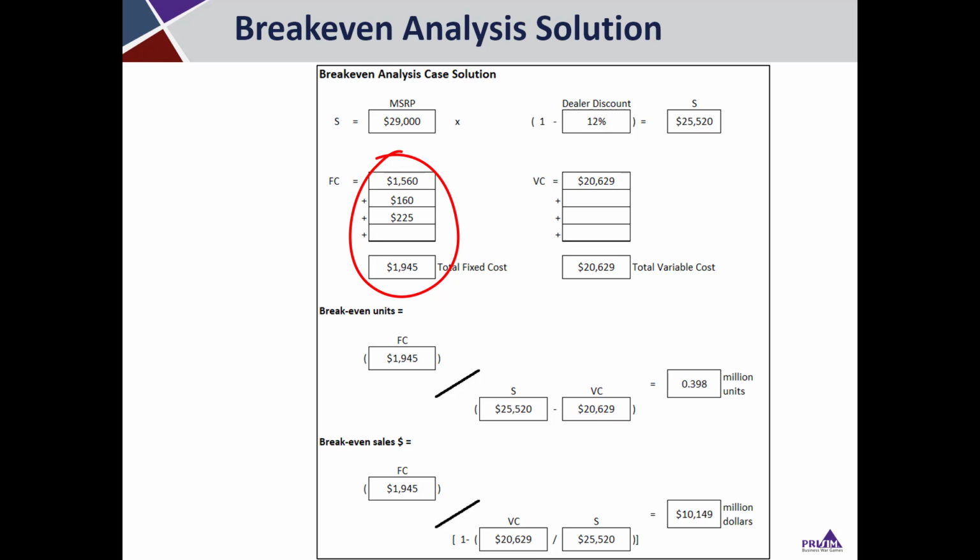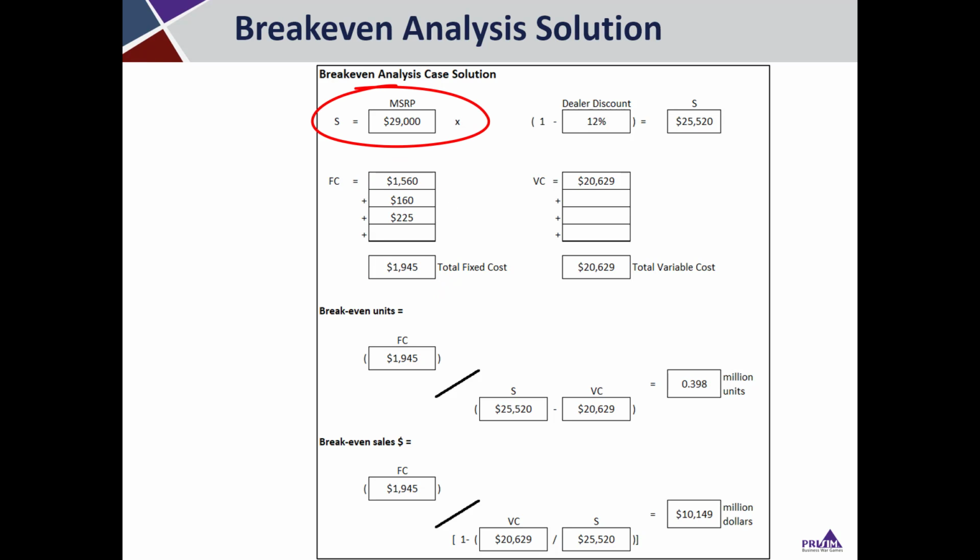So keep that in mind as you look at all the fixed cost numbers. Also, there are three fixed costs: development cost, retooling, and marketing. That's because they don't change, at least for some range of production. And in the scenario, it said that's for the first 100,000 units.